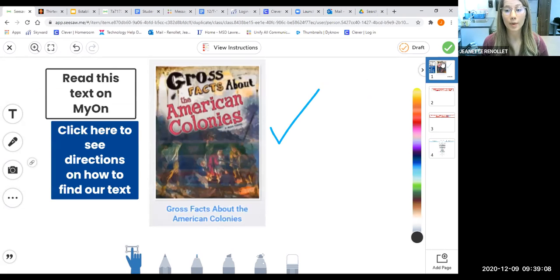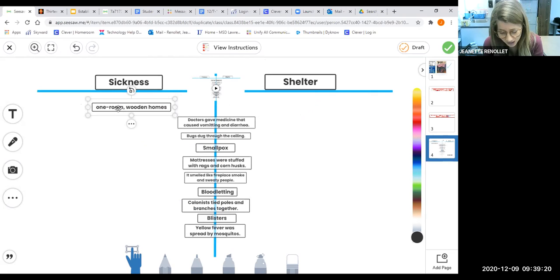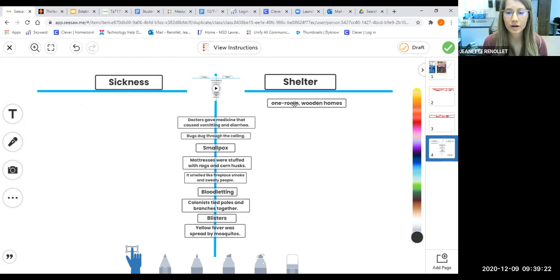You can go back to your text on Mayan, use your context clues to help you determine, is each word talking about being sick or a type of shelter? Those are your tasks today. When you are done completely with your slides, you will push the green check and turn in.